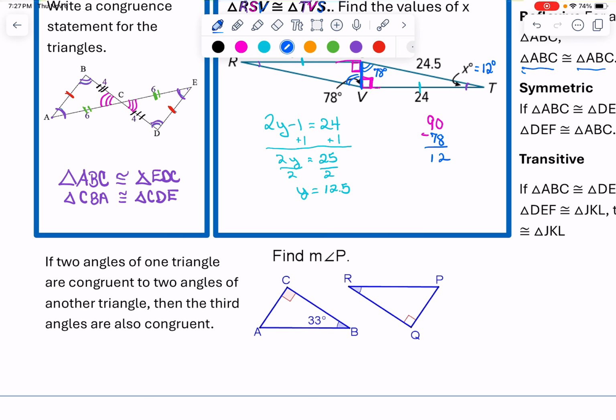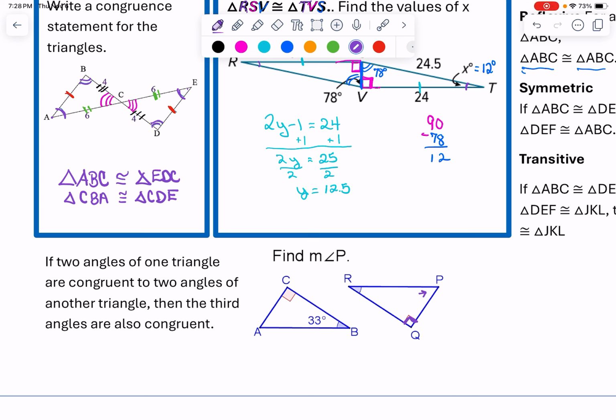Lastly, we want to note that if 2 angles of one triangle are congruent to 2 angles of another, because we're restricted to 180 degrees in a triangle, those third angles also have to be congruent to each other. So if we're trying to find the measure of angle P and we know nothing at all about angle P in this triangle, and we know only one other angle measure, I have a 90-degree angle, it's a right triangle.